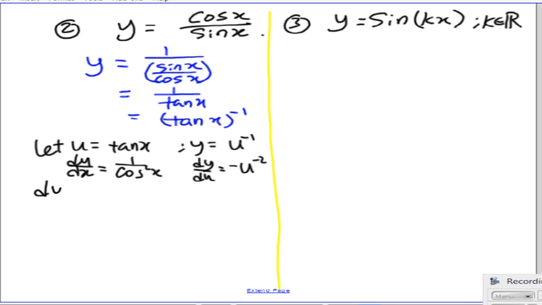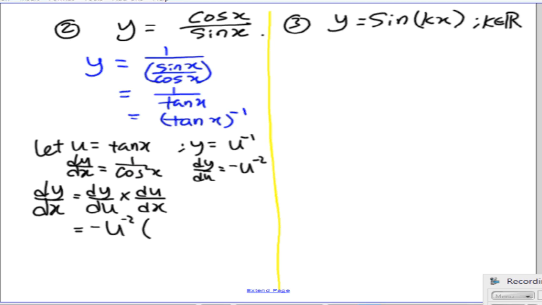So dy dx is going to be dy over du times du over dx. dy over du is -u to the power of -2 times du dx, 1 over cosine square x, or rewrite this as -1 over cosine square x, and then u itself is tangent x, so it's tangent square x.